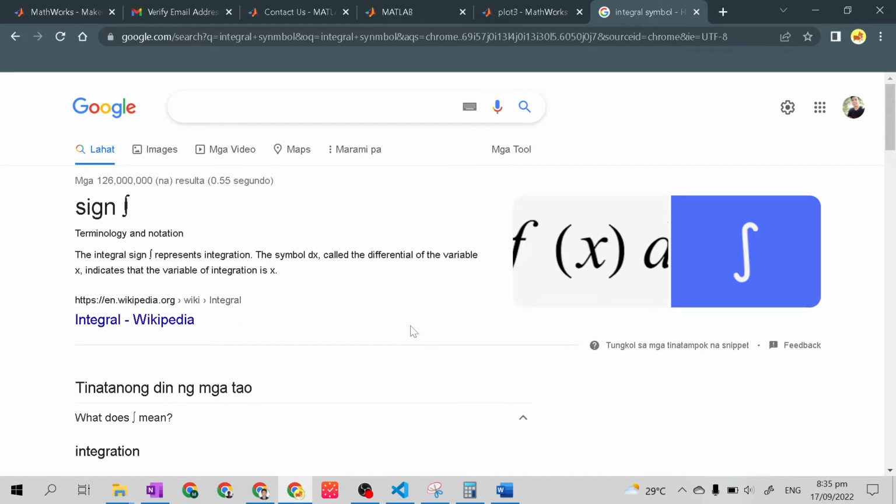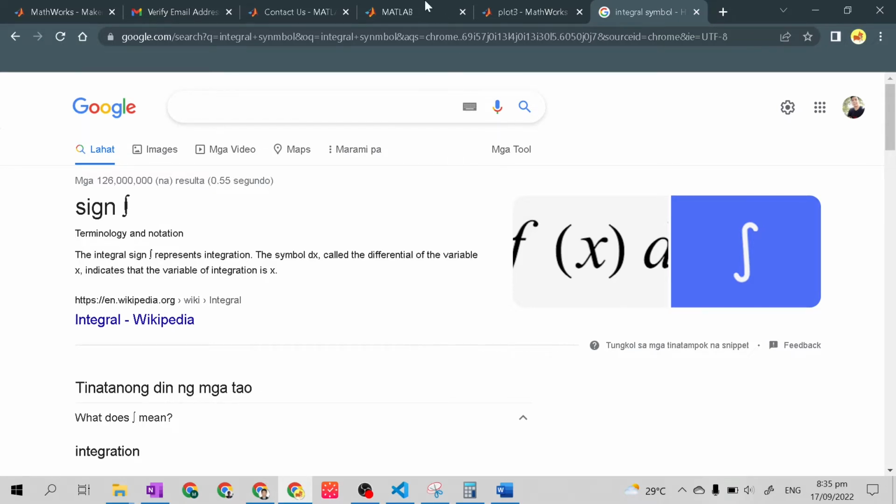In computer programming, we just have logic, 1 and 0, arithmetic, and simple algebra. But because we are facing engineering problems, we need symbolic mathematics in solving difficult engineering problems.